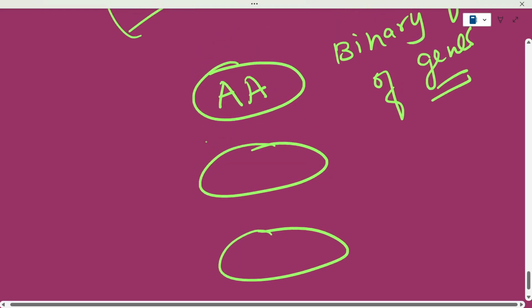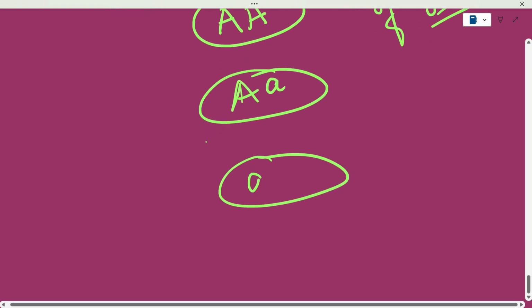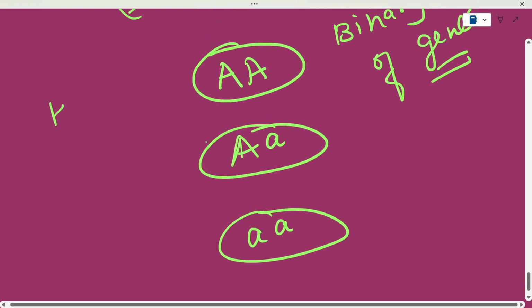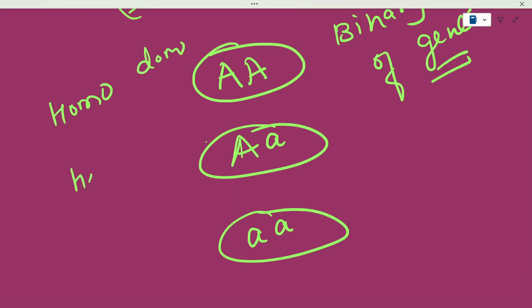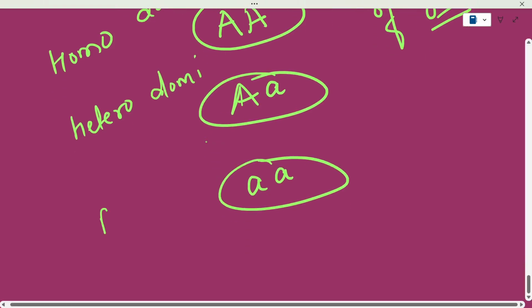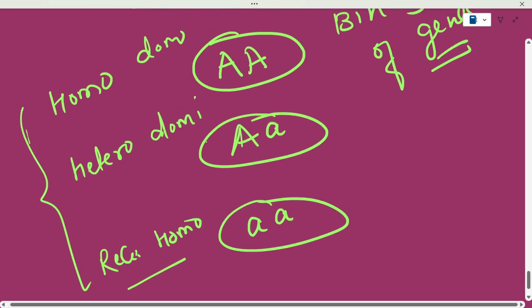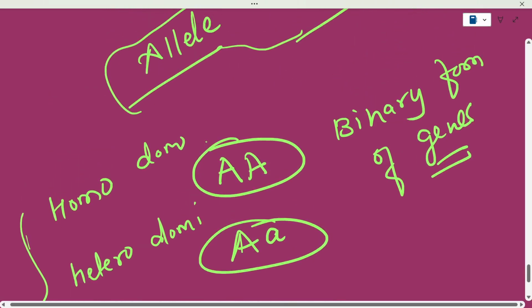First, homozygous dominant, then heterozygous dominant, and then homozygous recessive. So these three forms of a particular gene are known as alleles.